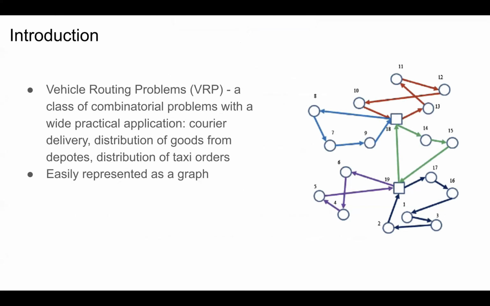The main task is to find the optimal path between customers and suppliers on the map, taking into account various restrictions. This problem has many real-world applications, like goods delivery, distribution of goods between depots and stores, web internet package routing, and others.